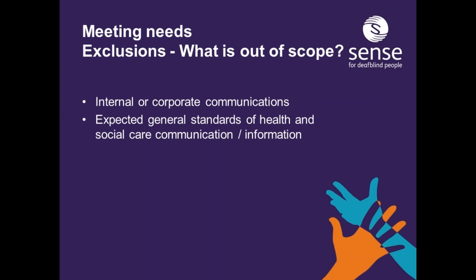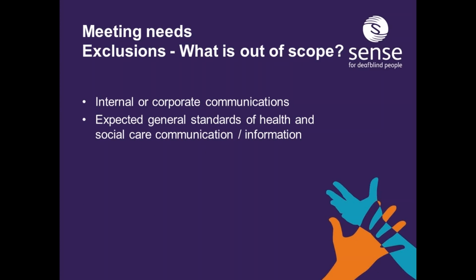So some exclusions: corporate communications which are produced or published by organisations which don't relate to direct patient or service user care or services, such as annual reports, accounts, strategy and policy documents, do not fall within scope of the standard.